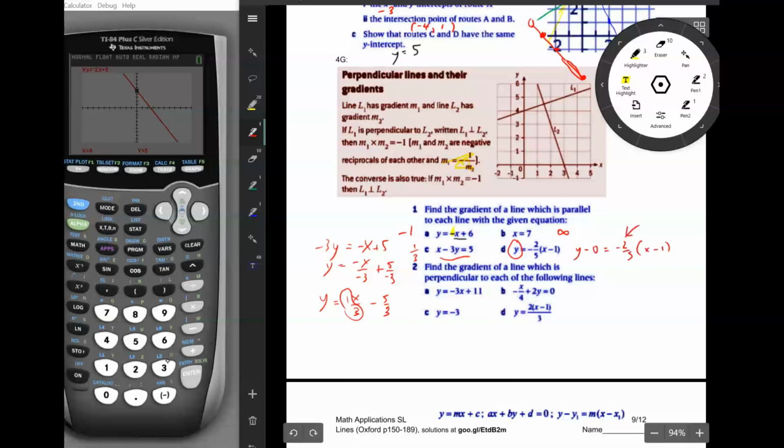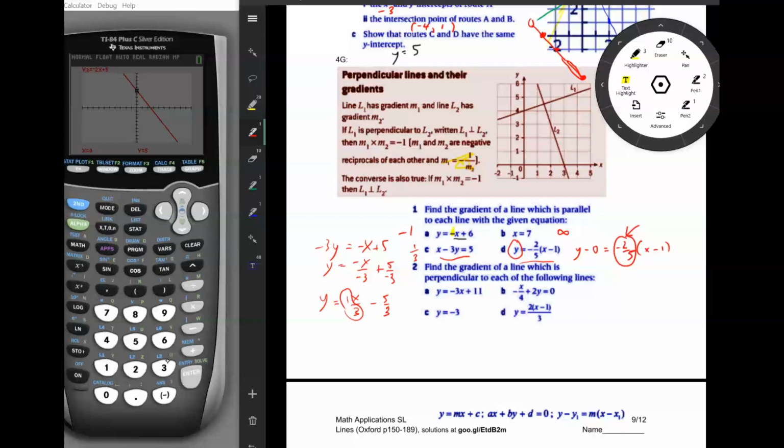So what does this indicate? It's the gradient. So the gradient in this case is -2/5. It's right there, right? Okay, so if you see it in gradient-intercept form or in point gradient form like this one here, you just pick it out because it's being multiplied right in front of the x. And if it's not, then you try to rearrange it so that it's in gradient-intercept form.